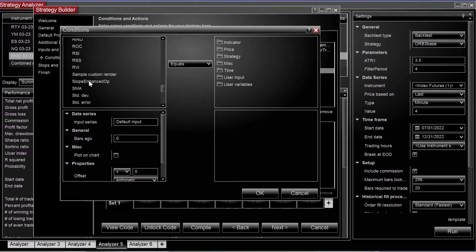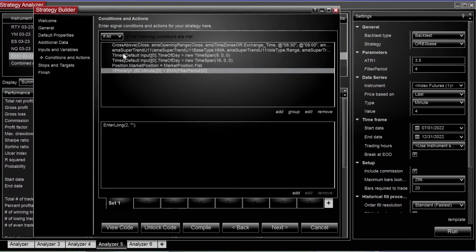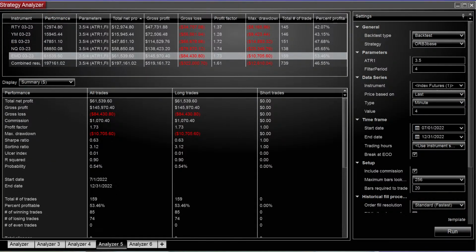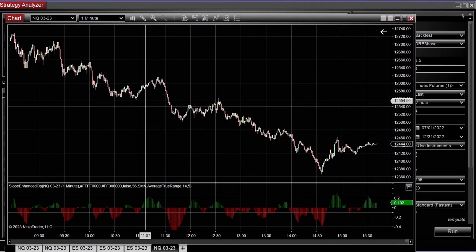Now I haven't used this indicator before. Actually, that brings up something else, because I shouldn't need to just use the direction. I think this indicator outputs a number for essentially the color of the bar.